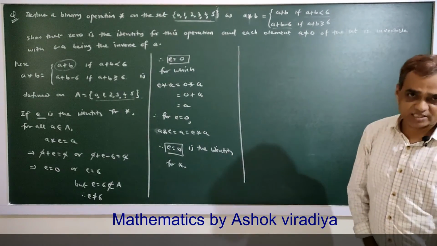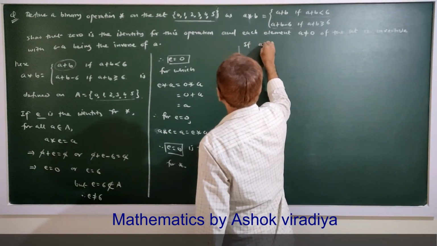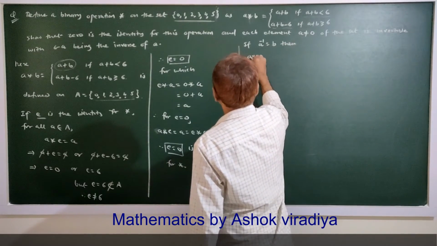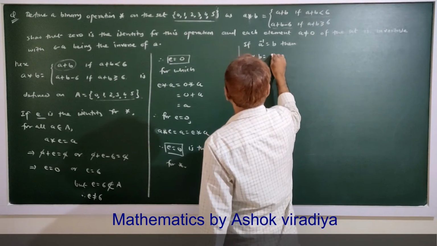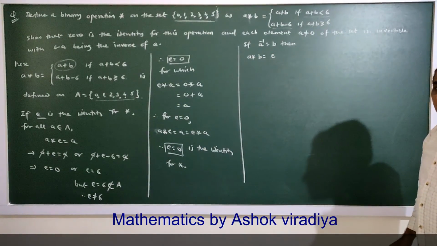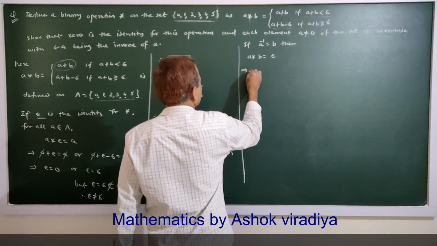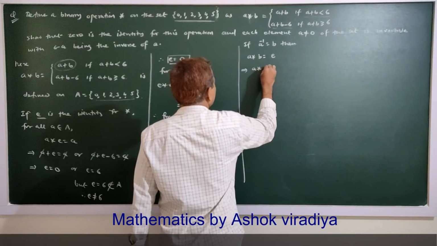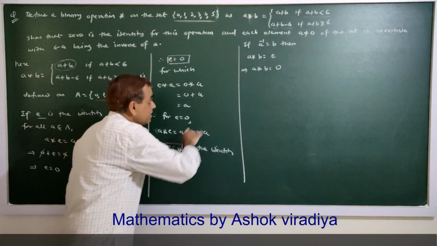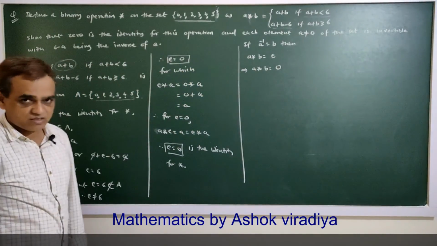Now for inverse, if inverse of A is B, then A star B equal to E. A star B is E, that is A star B equal to 0, because E is 0. Now this value of E will be used in the next part of finding the inverse.